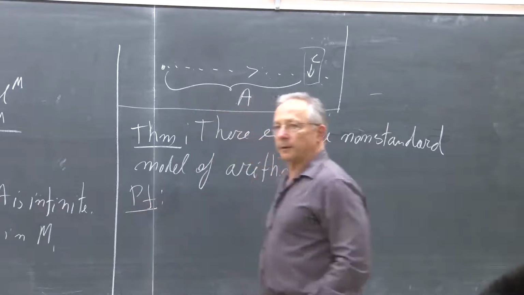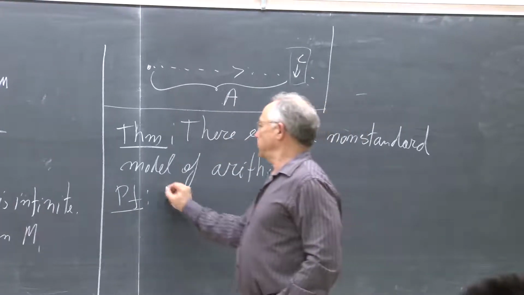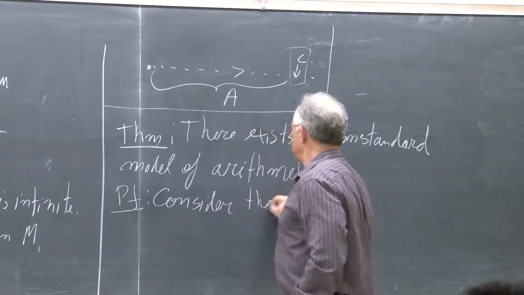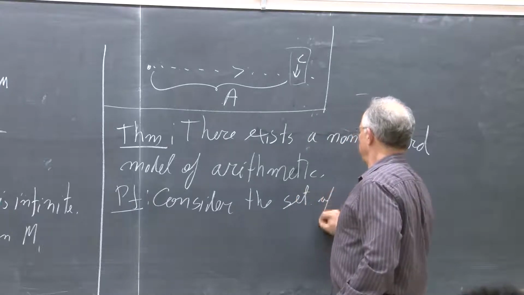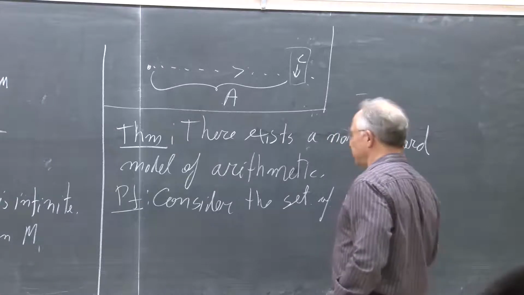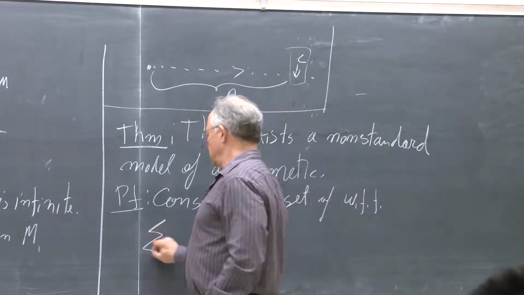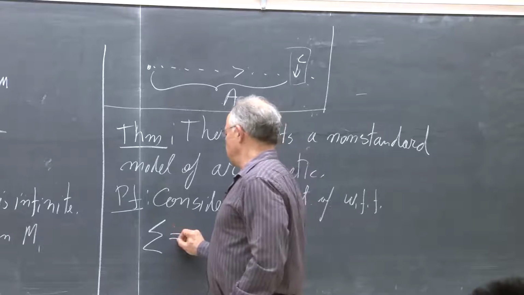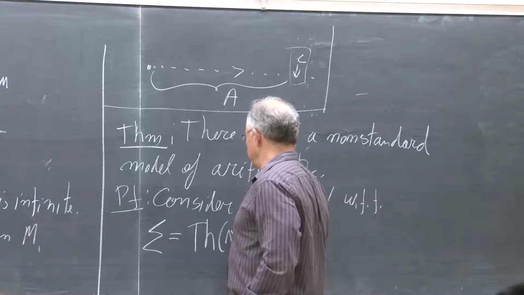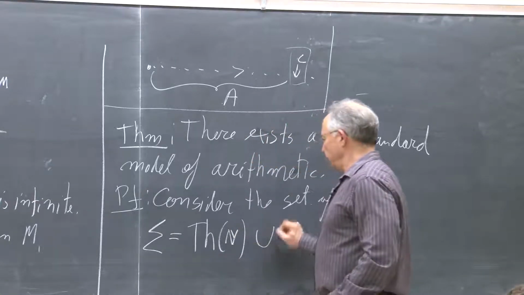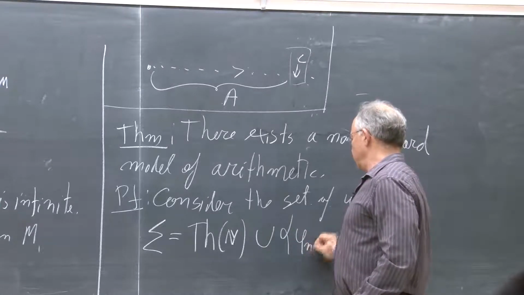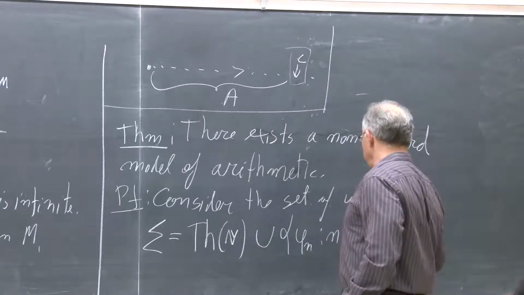So what we are going to do, we are going to consider the set of WFFs, sigma, which is the theory of N union a set of formulas here, phi n, such that n is a natural number.